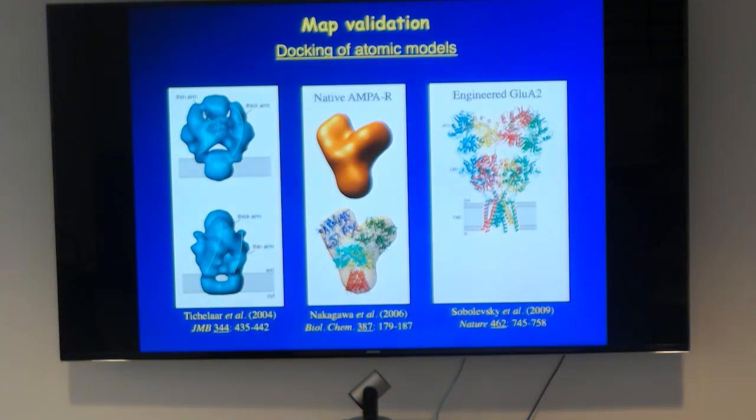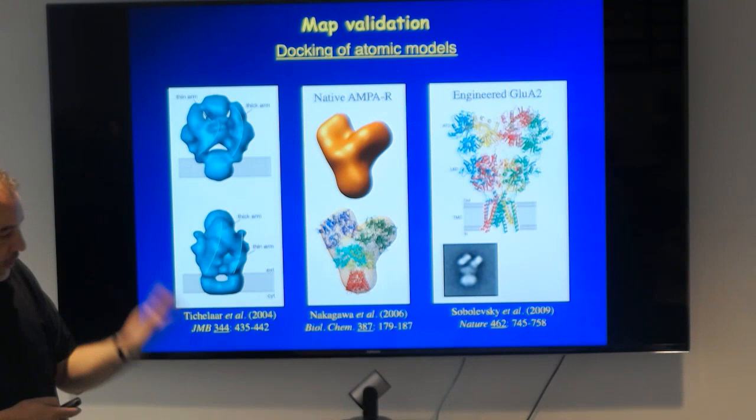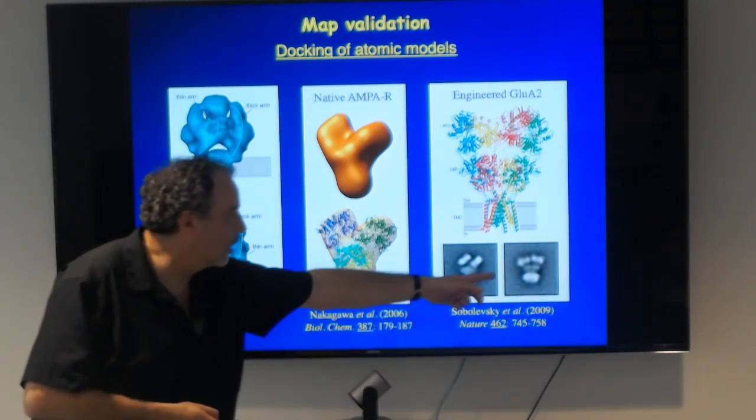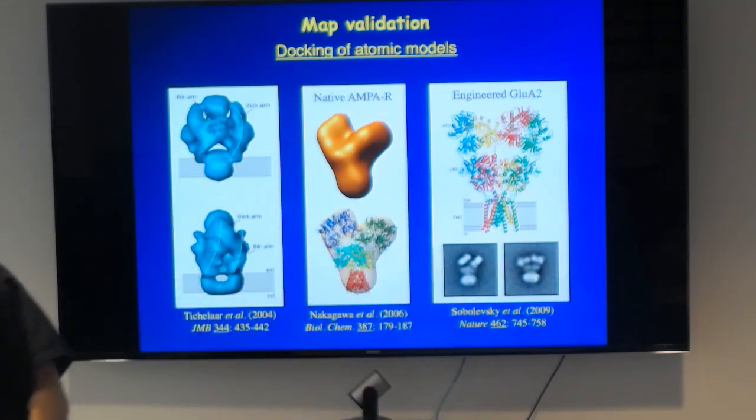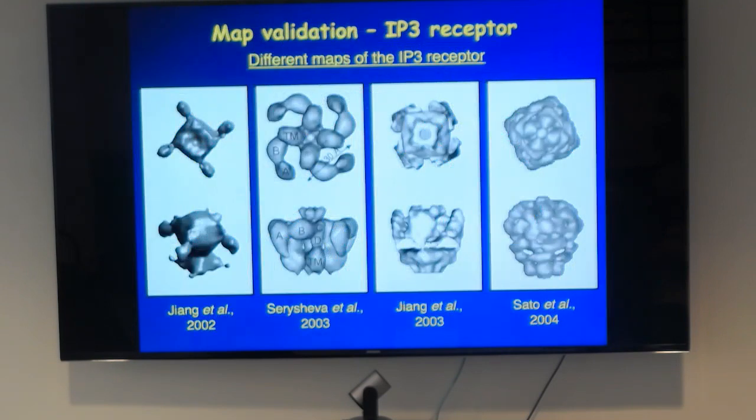Our density map was actually quite accurate. There was some unfortunate deformation by adsorption to the grid, but some of the averages looked completely identical to the crystal structure. So at the time when you really just had these kind of blobs and you didn't know which one is accurate, docking crystal structures was a very good way to figure out what you have.